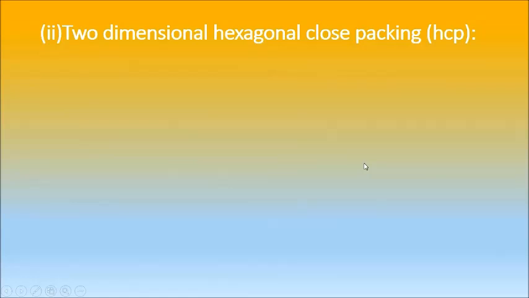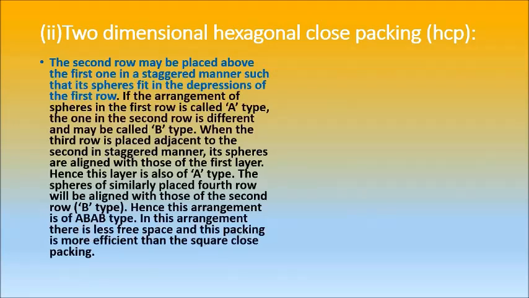Now let's see the second type of two-dimensional packing, that is hexagonal close packing or HCP. The second row may be placed above the first one in a staggered manner such that its spheres fit in the depressions of the first row.